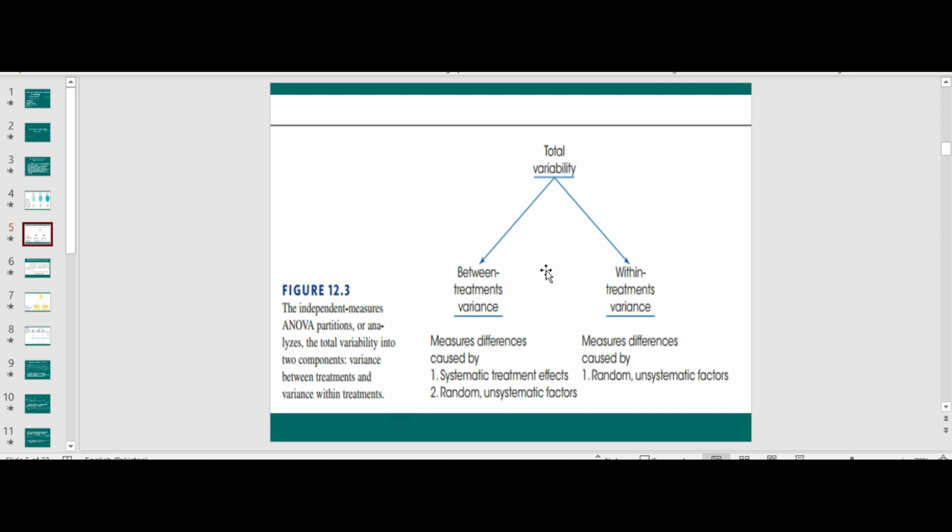This process divides the total variability into two basic components. Analyzing the total variability into two components is the heart of ANOVA. Remember that calculating the variability or the variance is simply a method of measuring how big the differences are for a set of numbers. When we see the term variance, we can automatically translate it into the term differences.